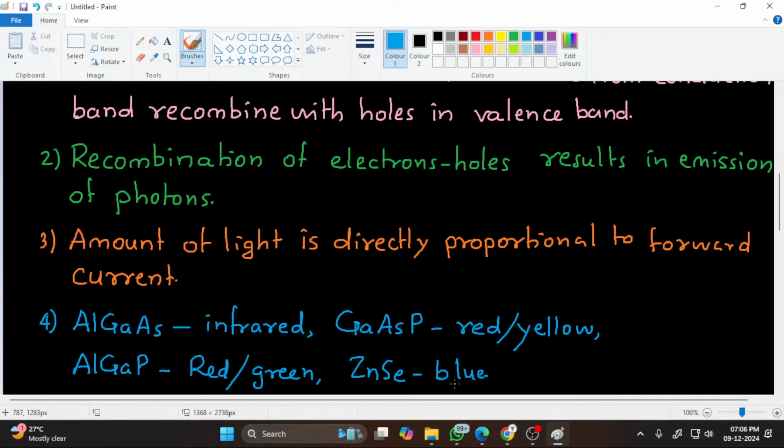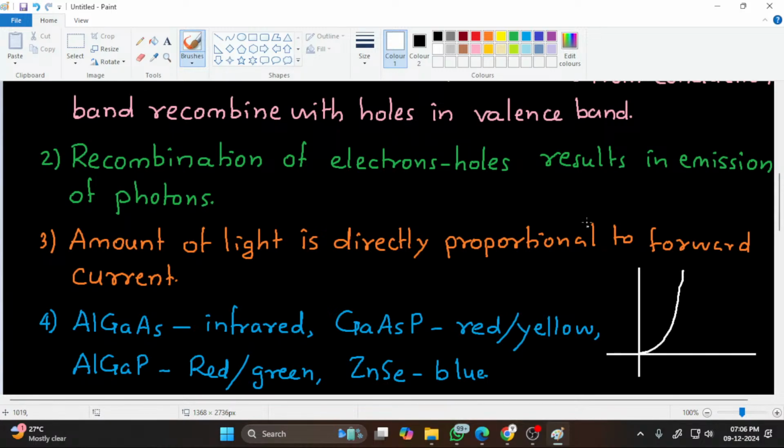So like this, VI characteristics are very much similar to any other PN junction diode. If you can draw them in a corner, initially the current changes slowly, afterwards it changes fast.